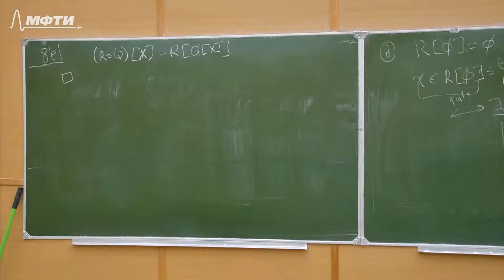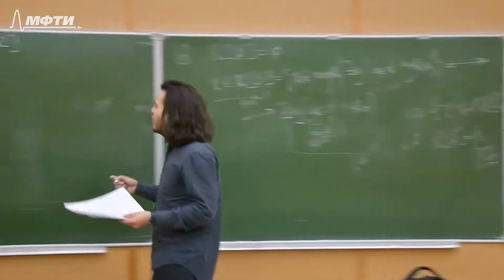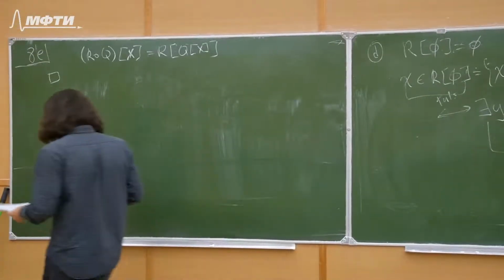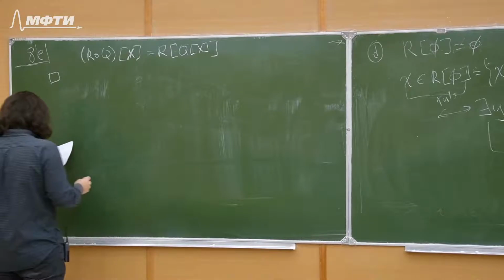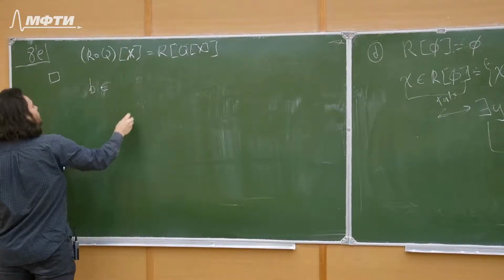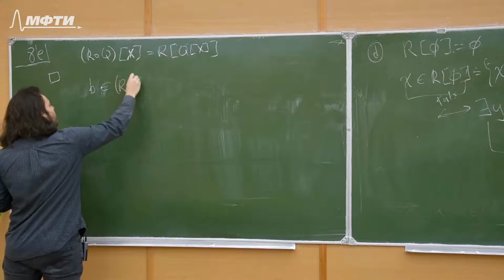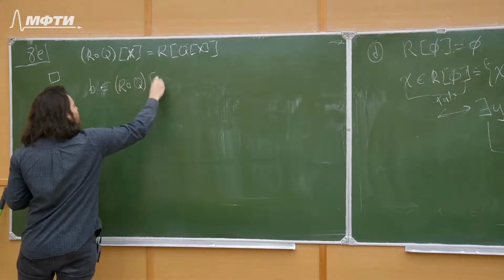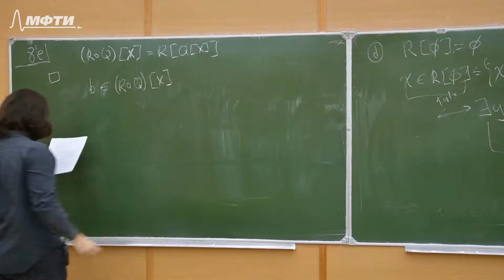So we have to do exactly the same as we're doing here. We want to prove that they're equal, so let's assume that B belongs to this set here, right?